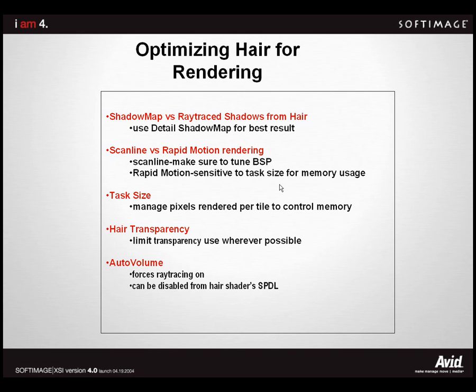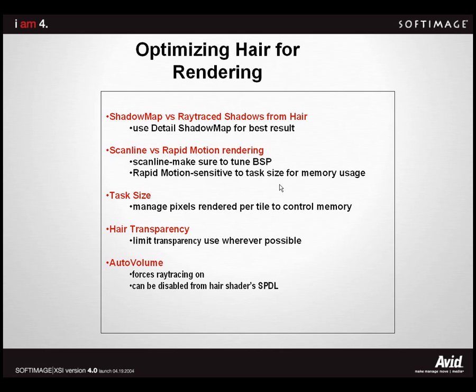Scanline versus rapid motion rendering. Scanline uses a BSP acceleration technique to compute the render, so if you're using Scanline, make sure to tune the BSP, and you can save yourself significant amounts of time in the render. Rapid motion, conversely, doesn't use this kind of ray tree method, but rather uses a micro triangle tessellation technique where the hair is broken up into micro triangles, and those are used to compute the final pixel color.